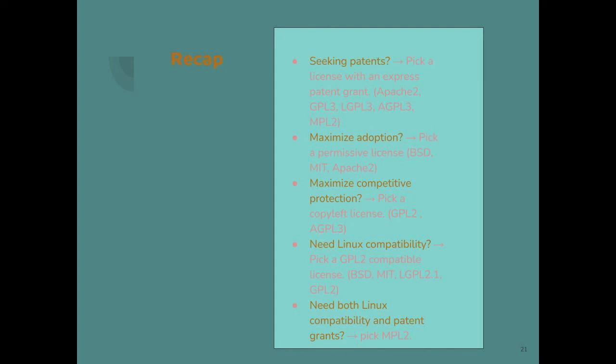And right at the bottom, I said if you need both Linux compatibility and patent grants, you can pick MPL2, because MPL2 has this built-in feature that says anyone who wants to use the code under GPL2 can do that. So it's sort of a way of making the software available for a GPL2 project.